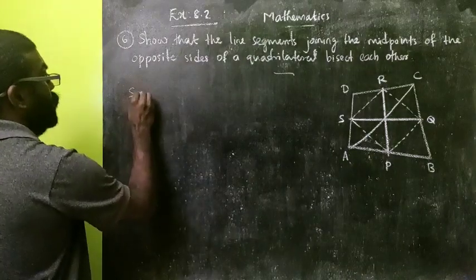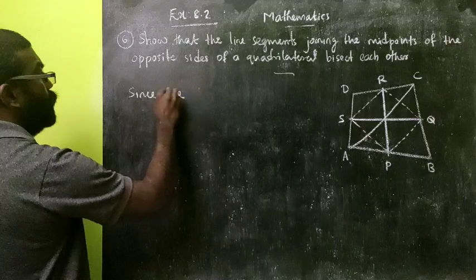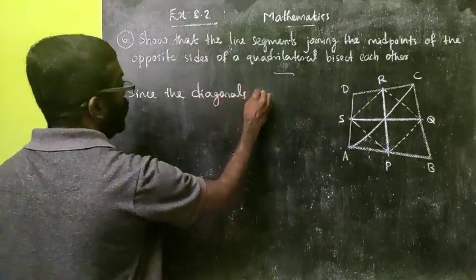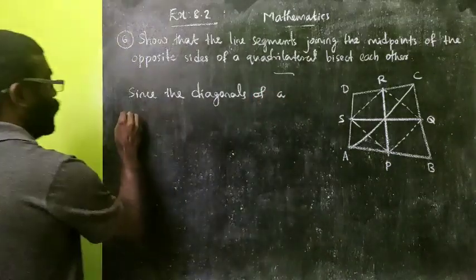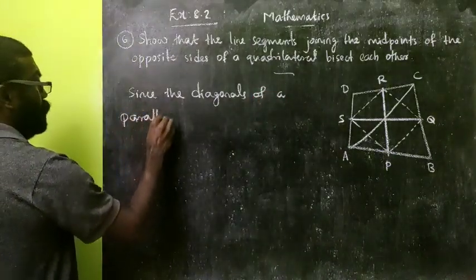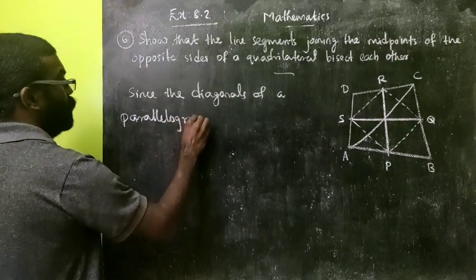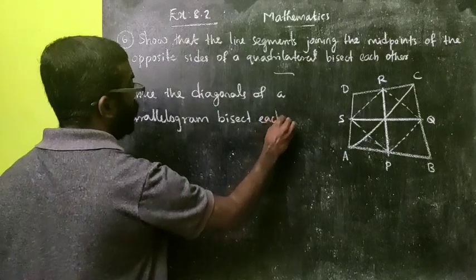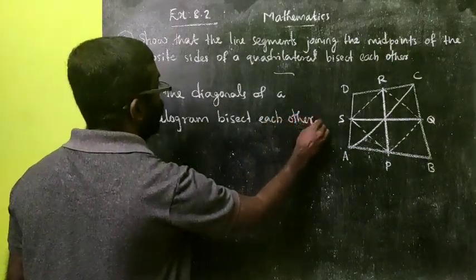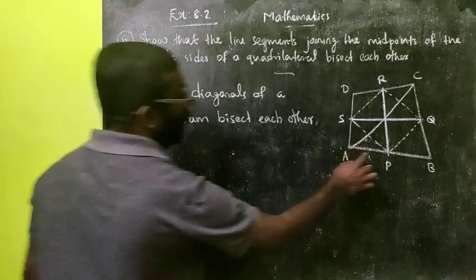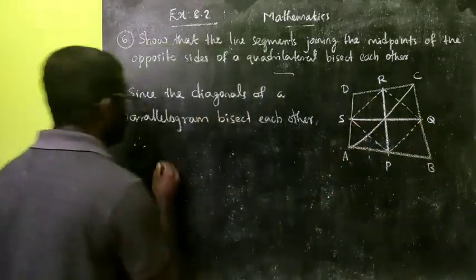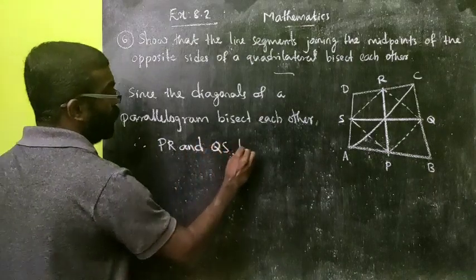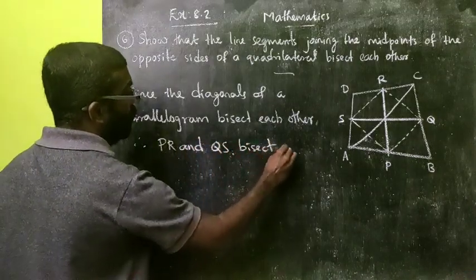So we can write, since the diagonals of a parallelogram bisect each other, therefore PR and QS bisect each other.